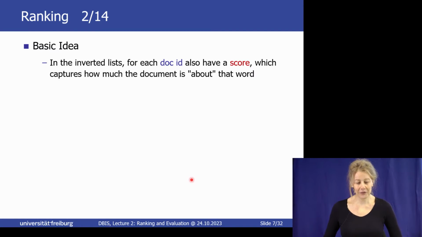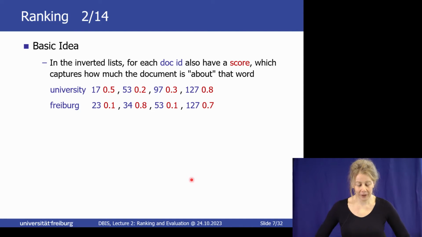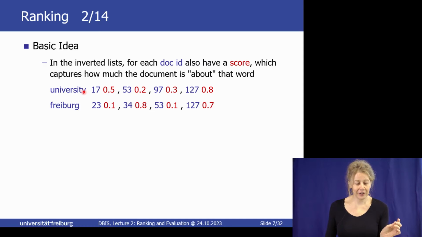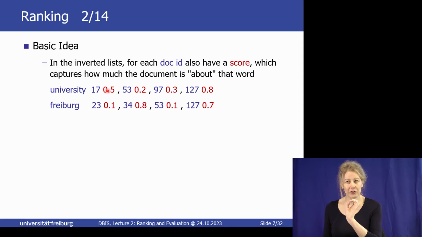So how do we solve it? Here's the basic idea. Let's go back to our inverted lists. Inverted list, university, in blue, I have the IDs of the documents containing university. And now I also have a score. And right now, just take this score for granted. In a second, I will explain how to compute these scores.